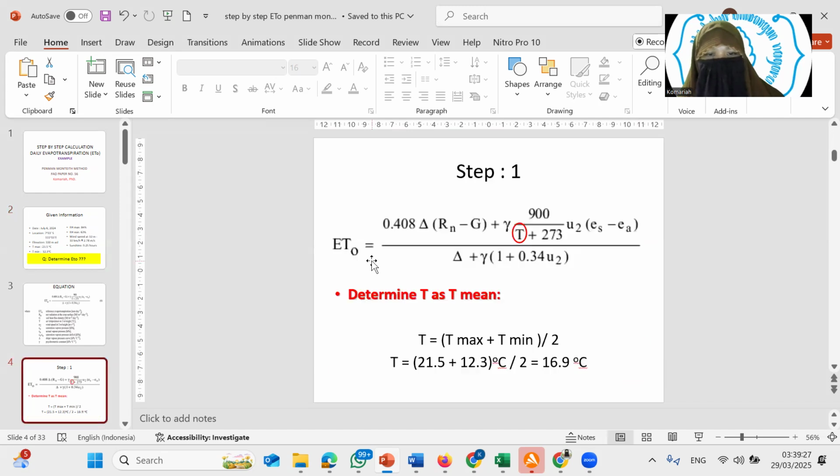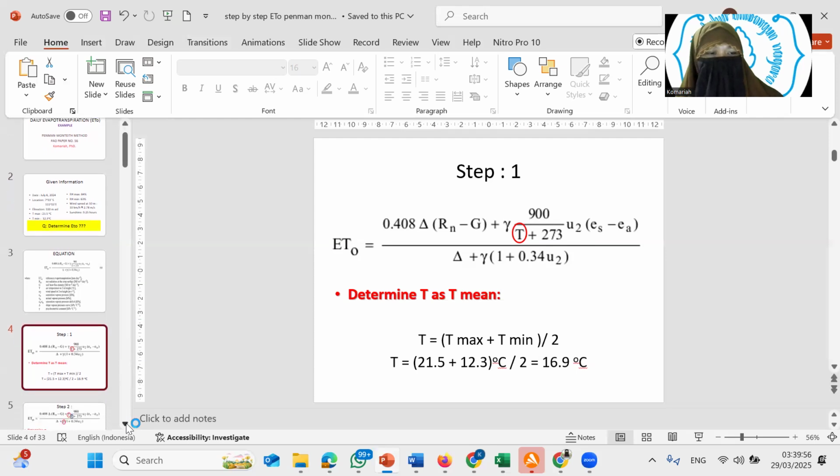So first we have to calculate the T mean. The T mean, or T here, is T max plus T min divided by 2. So the result of the T is 16.9 degrees Celsius. Okay, the T is resolved.